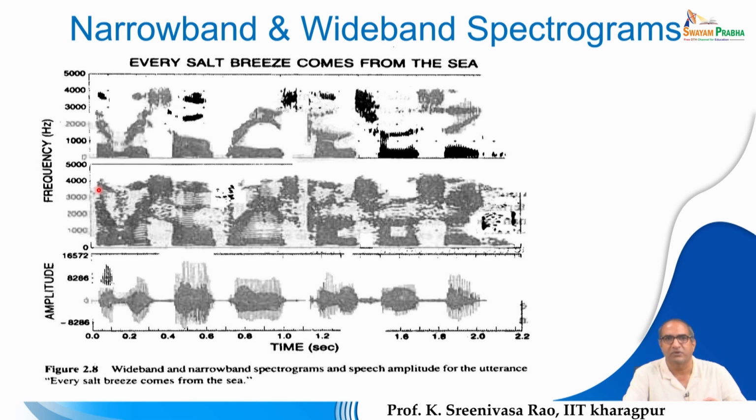Even though the sampling gives us up to 5 kilohertz, beyond 4 kilohertz there are frequency components with insignificant energy, which is why it's almost white. So white indicates the lowest energy, and the thick black color indicates the highest energy, with different gray shades in between.